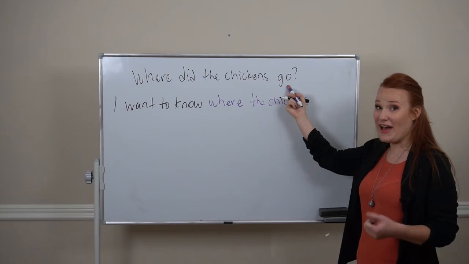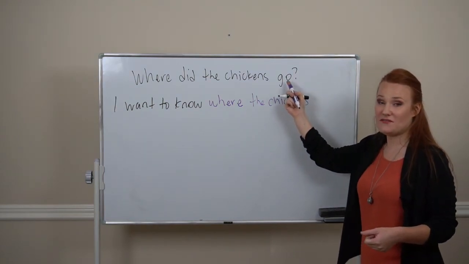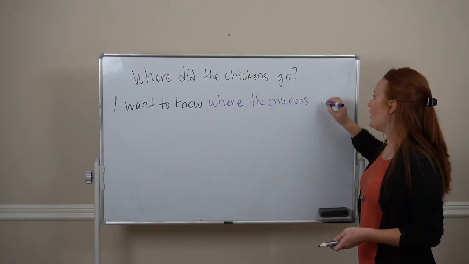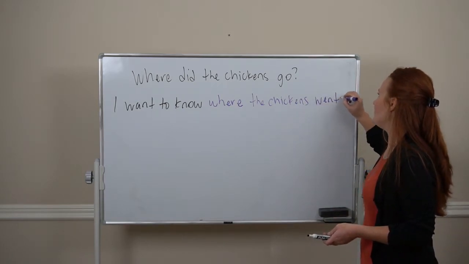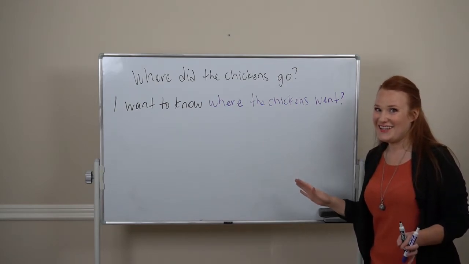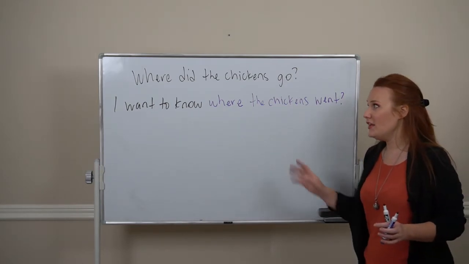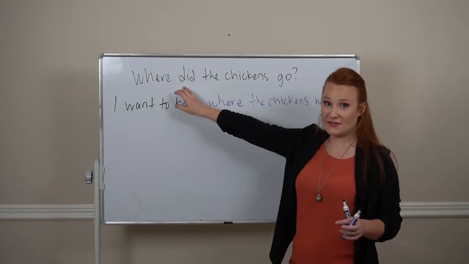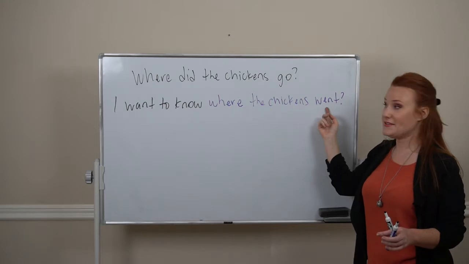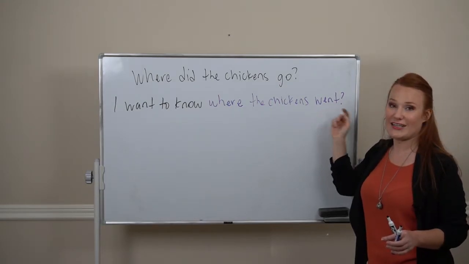But it's past simple, so we need to put our main verb back into the past simple form, where the chickens went. I know, it's kind of crazy. So with past simple, get rid of that auxiliary verb and change your main verb to past tense. I want to know where the chickens went.